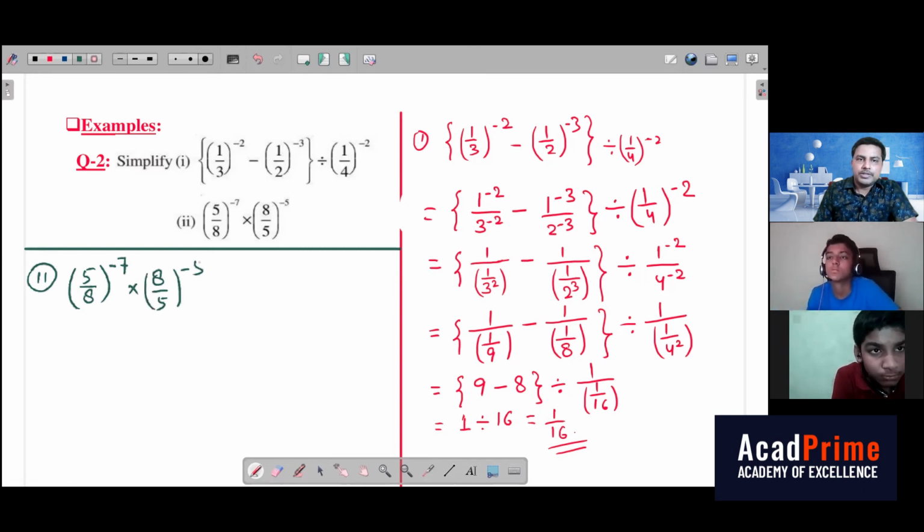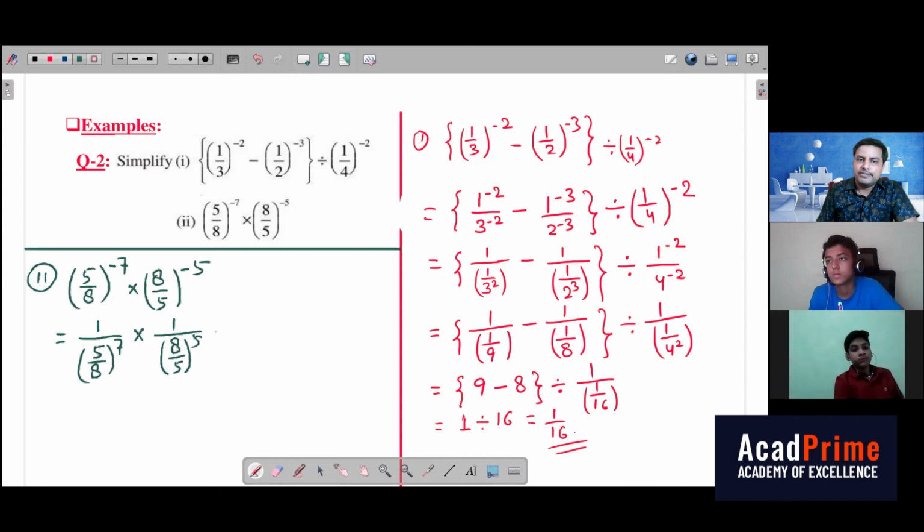Okay, this can be written as 1 divided by 5 upon 8 raised to the power 7, into 1 upon 8 by 5 raised to the power 5.